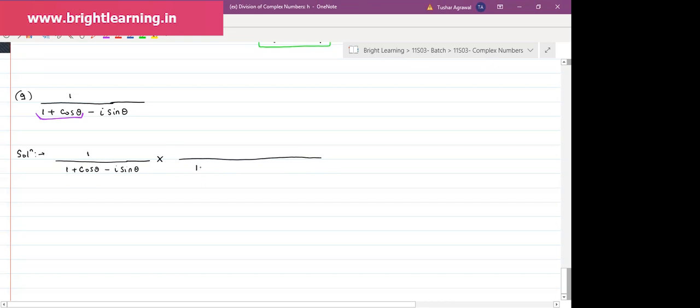So x plus iy, I will have to multiply by 1 plus cos theta, addition i sine theta.